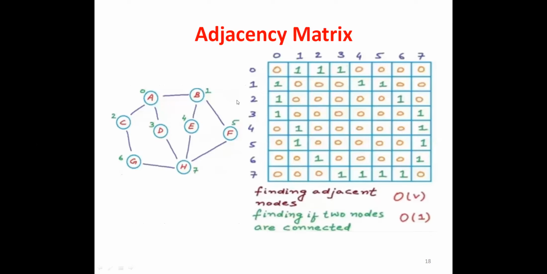Wherever the one is there, it is said that there is an edge, and if it is 0, there is no connection between those two vertices. Since it is an undirected graph, we can find the diagonal elements as zeros. And this is what is necessary to store these elements in computer storage.